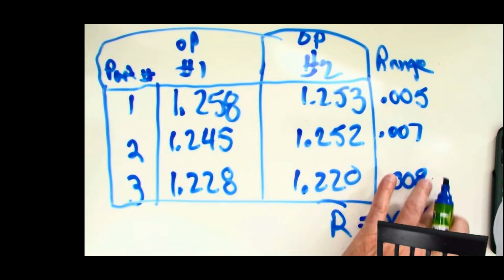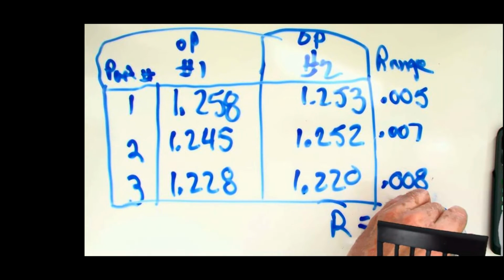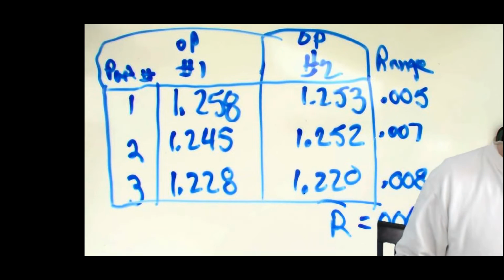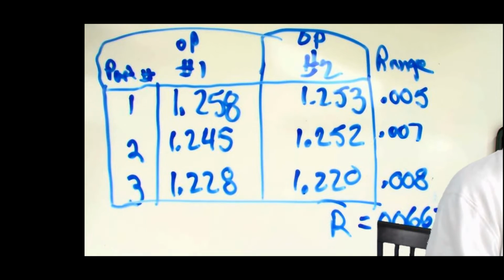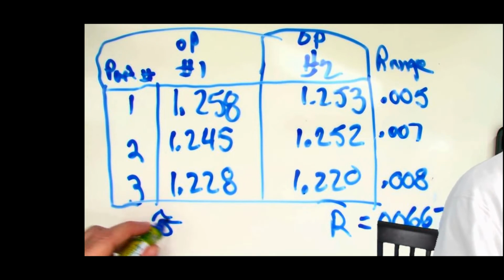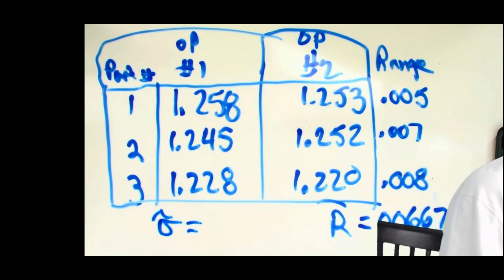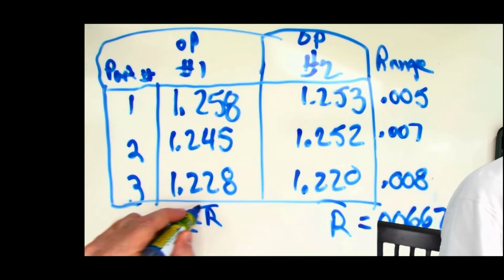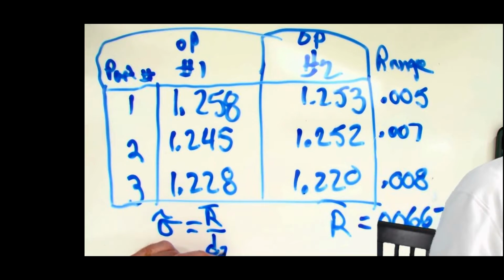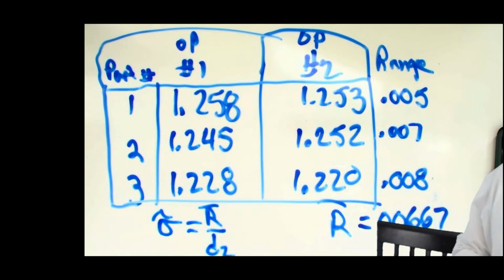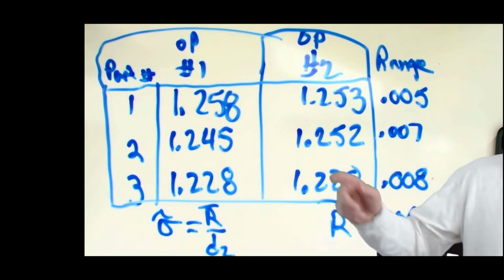So let me see here, because I'm trying to see my screen and yours at the same time. It's difficult. So you added... how did you get the... I'm not getting where the point... Let's see, 1.258 plus 1.253 divided by... No, you just subtract.